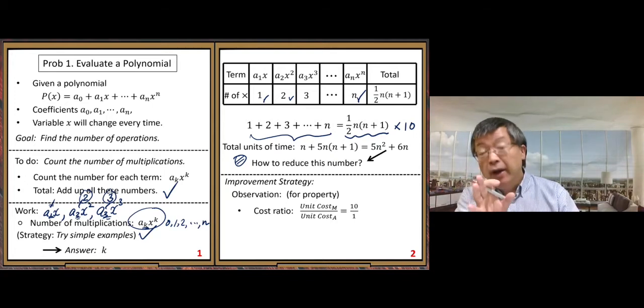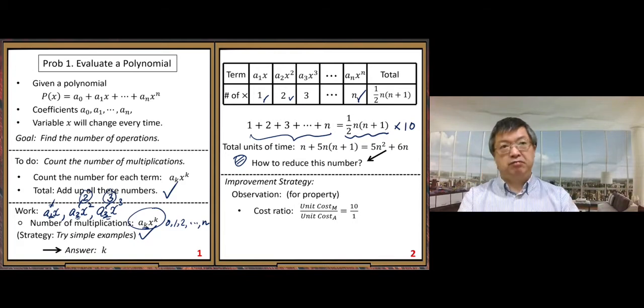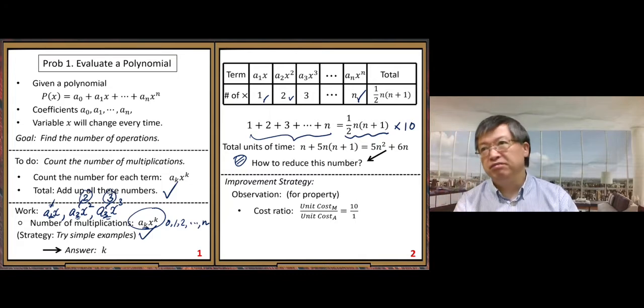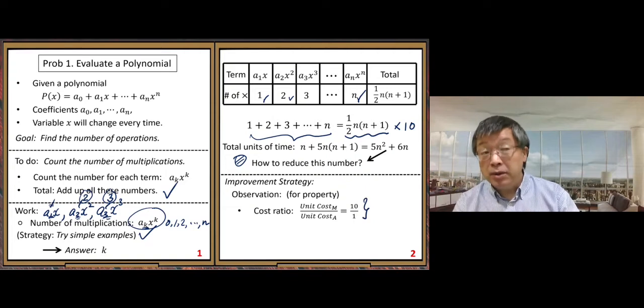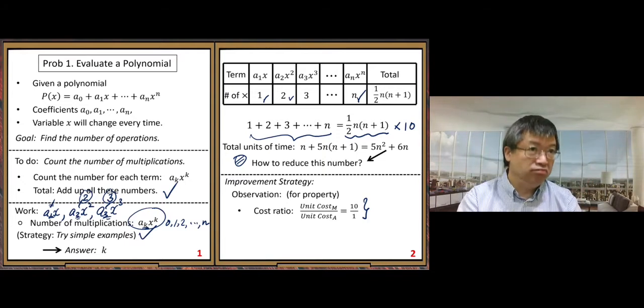Unit cost of multiplication over unit cost of addition. How much is that? A 10:1 ratio. From the ratio perspective, it's a pretty big number.